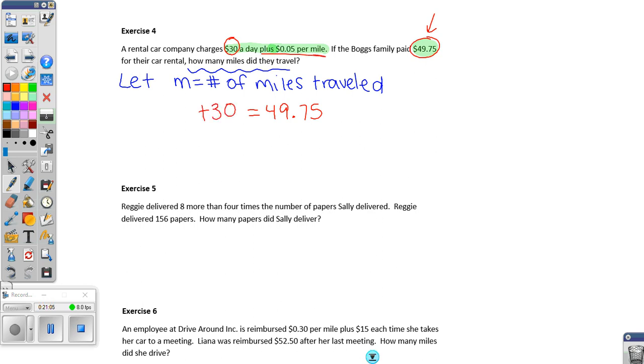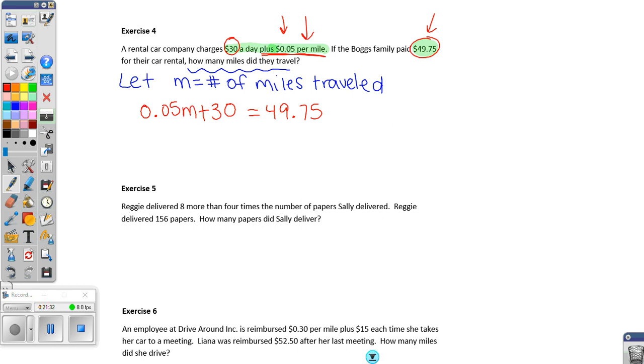But you're also adding an additional fee, because they will charge you 5 pennies for every single mile that you drive. They didn't tell us the number of miles, so we don't know how many times we're adding 5 pennies. We just know that we're adding 5 cents per mile driven. So I'm going to write that as 0.05 times m.